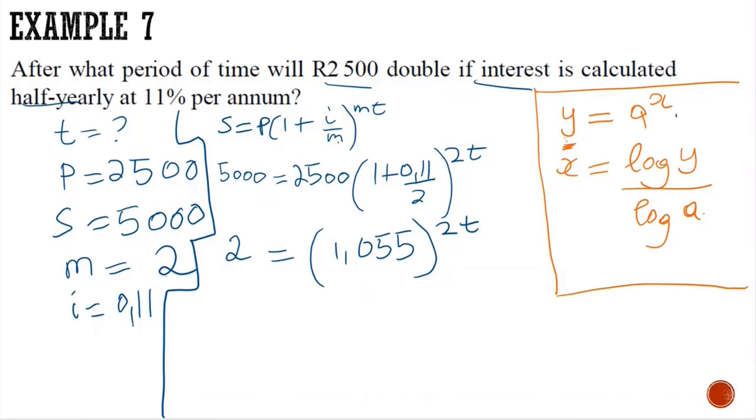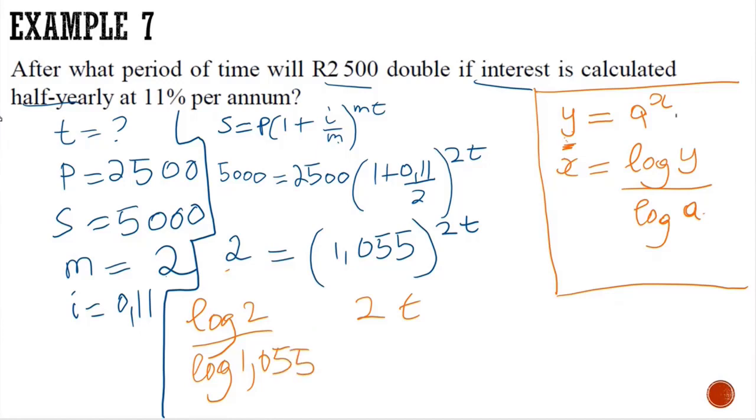So we are going to take this formula, accept it, and apply it in our context. This is our exponent, this is our x. So we are going to have 2t equal to the log of whatever we find here, which is 2, divided by the log of 1.055.